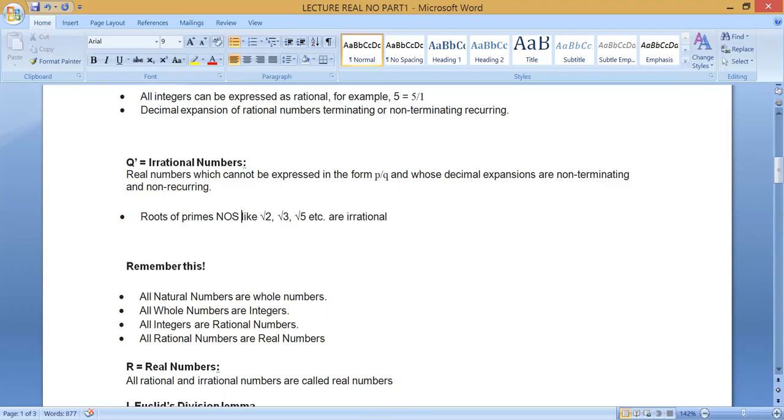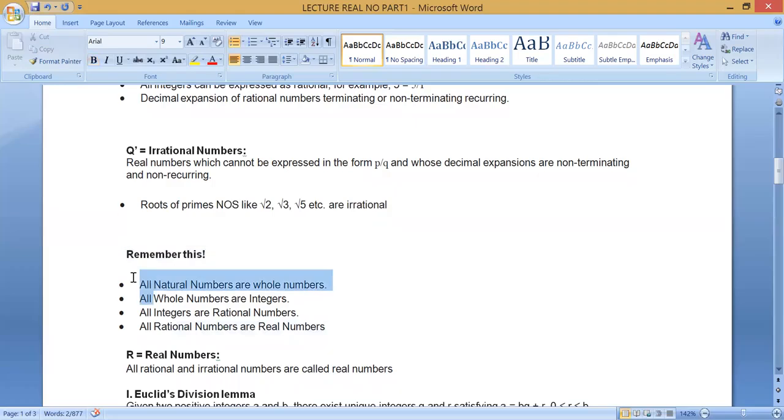We put the dots, which means it is non-terminating, non-recurring. Root 3 is 1.732 dot dot dot. Root 5 is 2.236 dot dot dot. It means the decimal expansion of an irrational number is non-terminating, non-recurring.